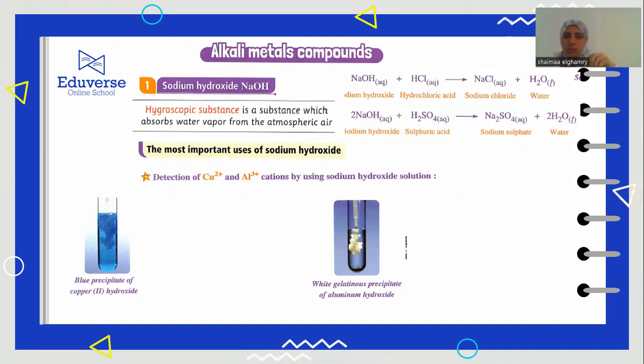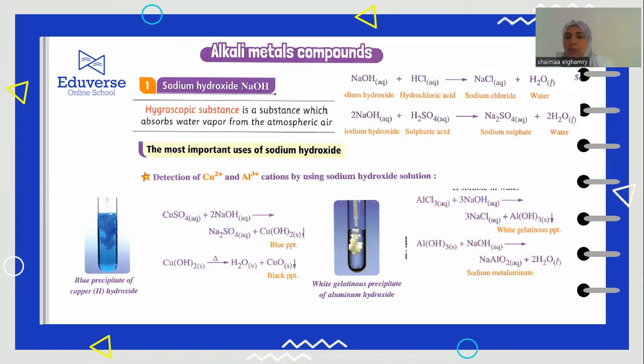On adding sodium hydroxide to copper ion, it forms a blue precipitate of copper hydroxide, as we can see in this picture. On adding sodium hydroxide to aluminum, it forms a white gelatinous precipitate of aluminum hydroxide.